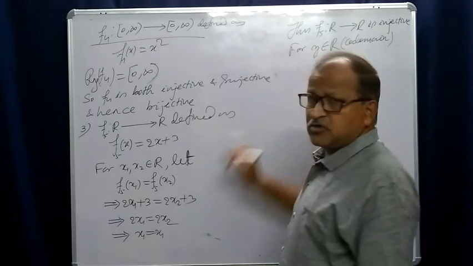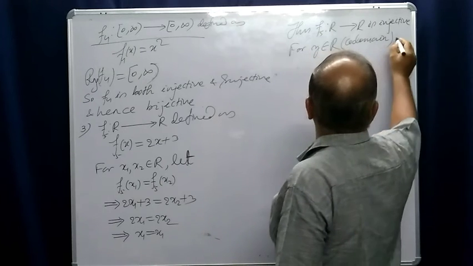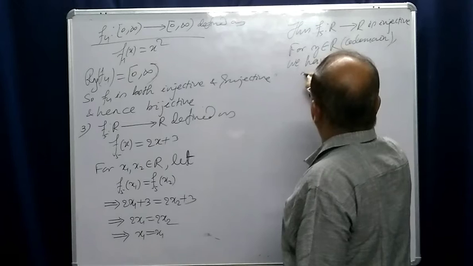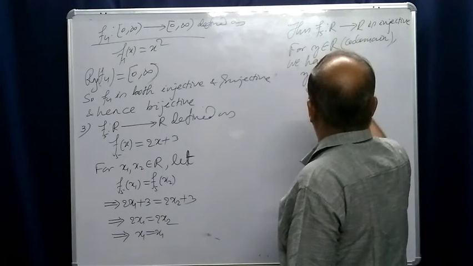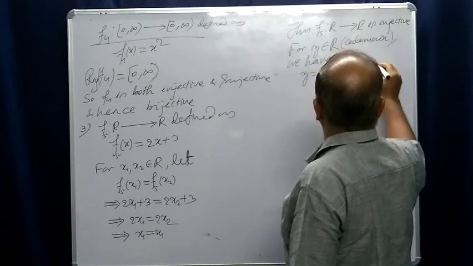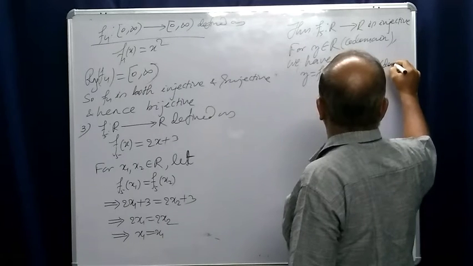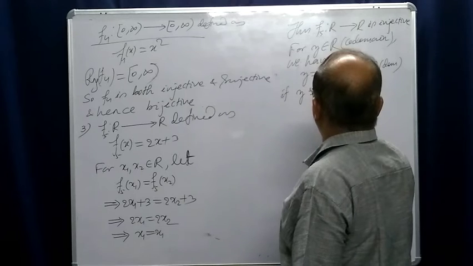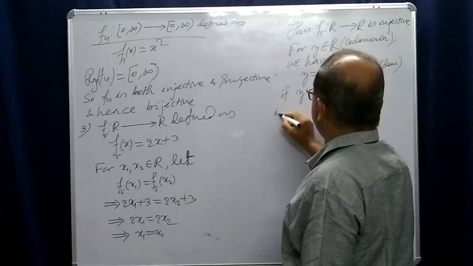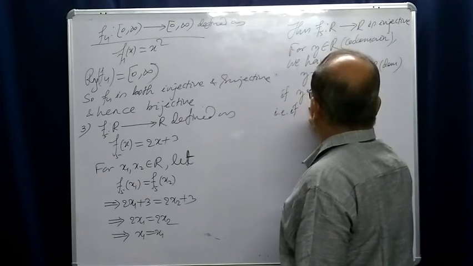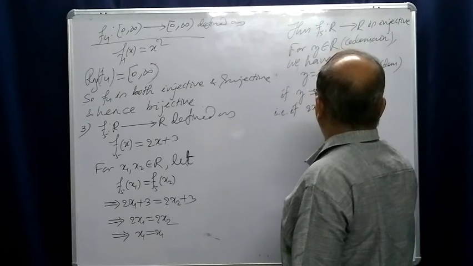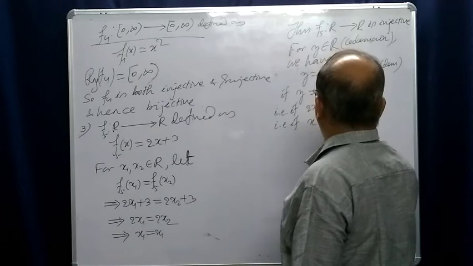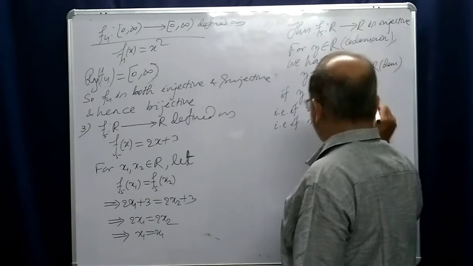For y belongs to the codomain R, we have y is equal to f of x for x belongs to our domain. If y is equal to 2x plus 3, that is if 2x is equal to y minus 3, that is if x is equal to (y minus 3) by 2.